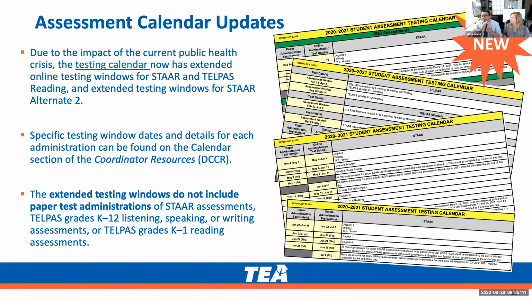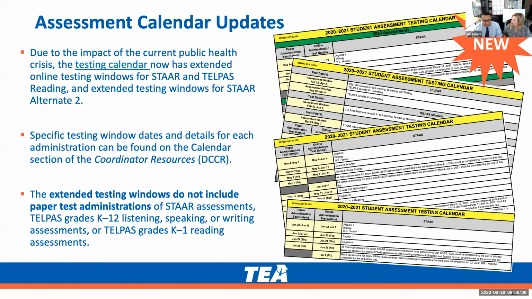However, TELPAS Holistic testing for K-1 and also for writing has remained within the same testing window as before, just like the listening and speaking online test. That is because all those need additional time to process the results, okay? I know that was a lot of rambling, but I promise you, if you look at the testing calendar, we have all the specific dates there.